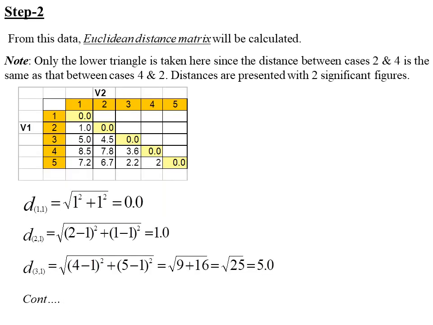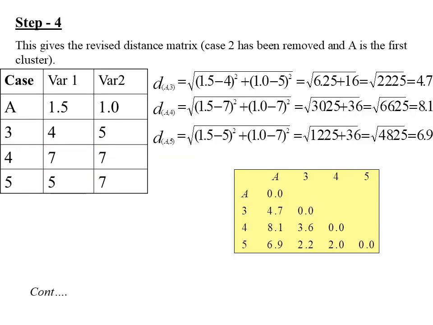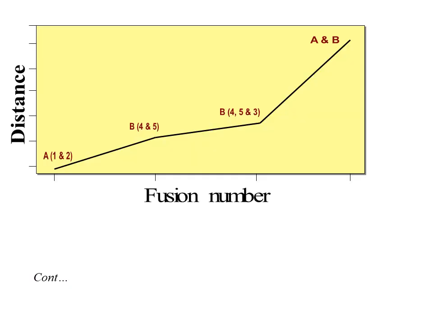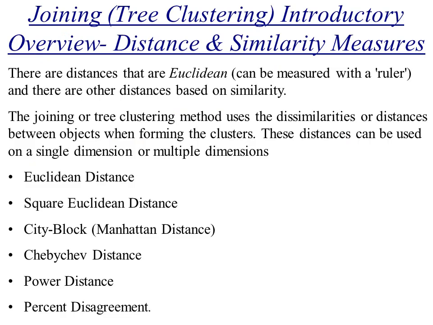Okay, let me show you the various methods used for distance measures. There are various methods: Euclidean distance, squared Euclidean distance, city block distance, also known as Manhattan distance, Chebyshev distance, power distance, or percentage distance.